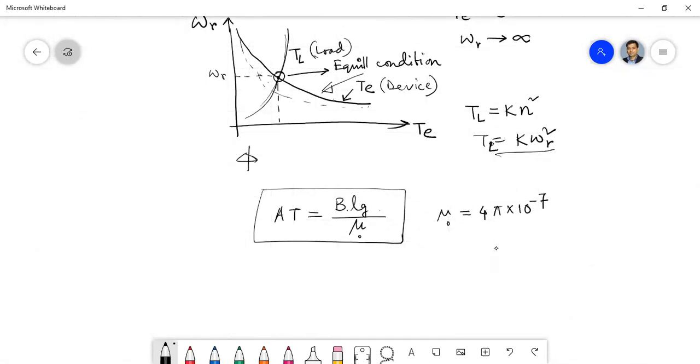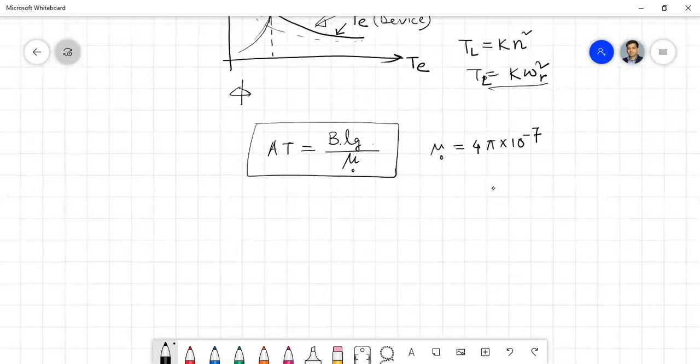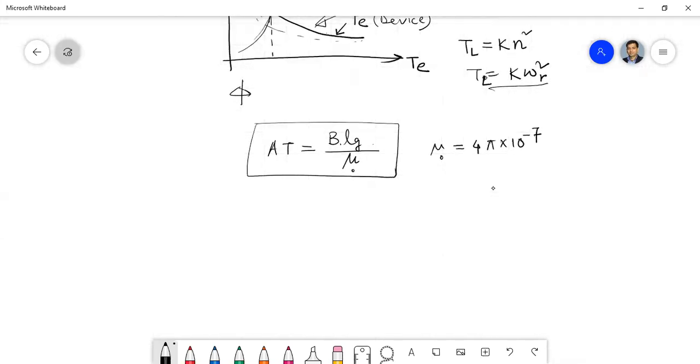Sir, why is the pole arc length needed, and where will it be used? Actually the pole arc and the pole pitch are different. Generally the pole arc means this arc. This is called the pole arc.